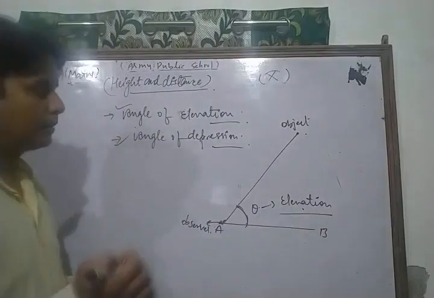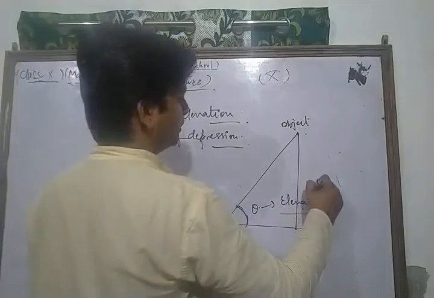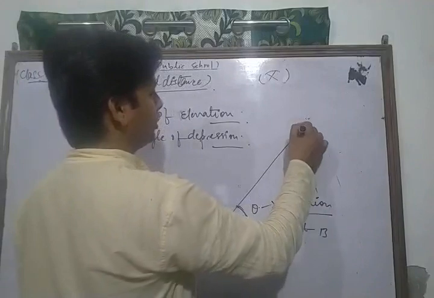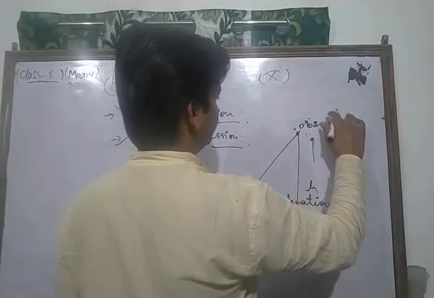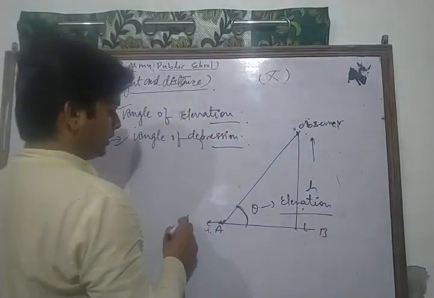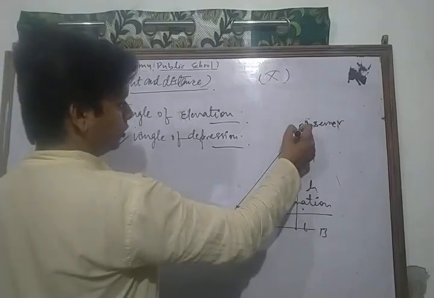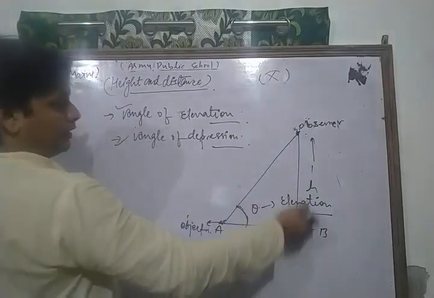Now suppose that the object is at height h from the surface of the earth, and the observer is at that place. Now the object is here at point A, and the observer looks from the height h from the surface of the earth.